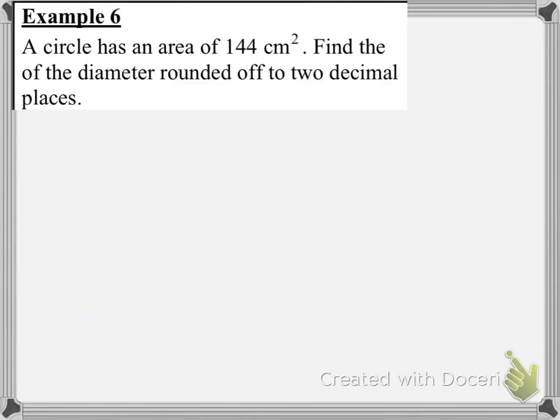Moving on to another example, here we've got a circle has an area of 144 square centimeters. Find the diameter rounded off to 2 decimal places. So we know that the area of a circle is pi r squared.